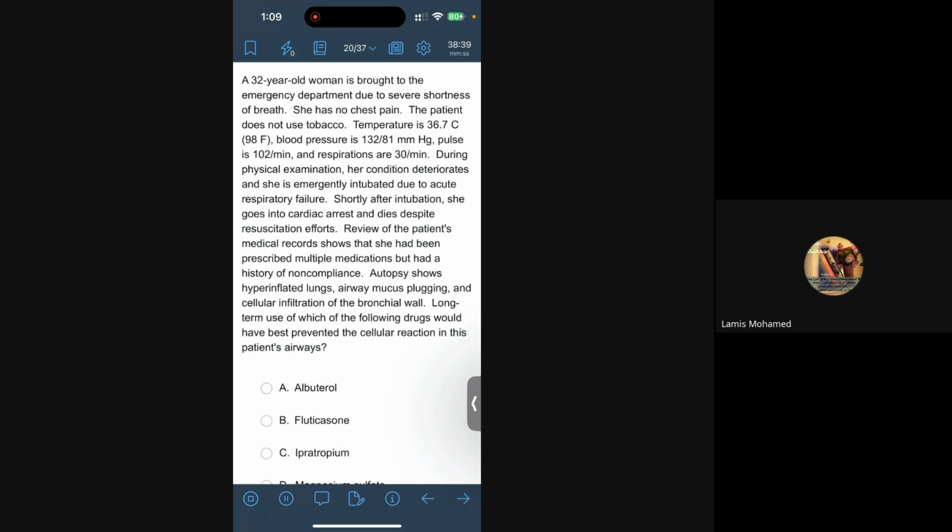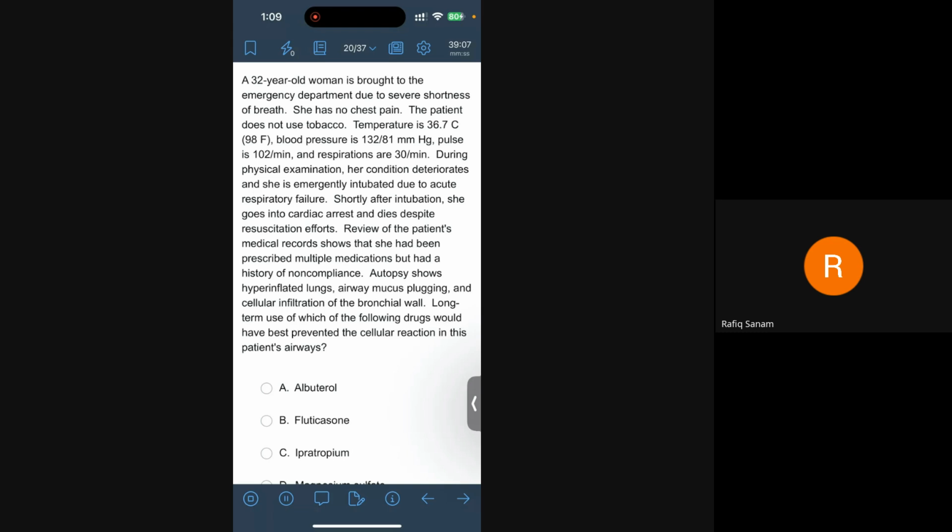What is the diagnosis here? Obstructive lung disease. Which one? Is it emphysema, COPD, or asthma? I think it's emphysema, but the patient is 32 years old.